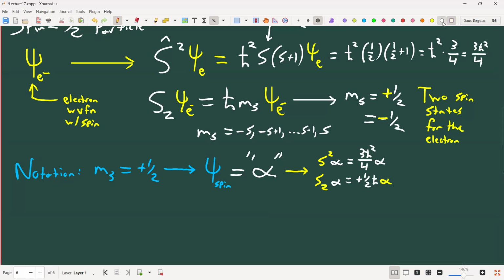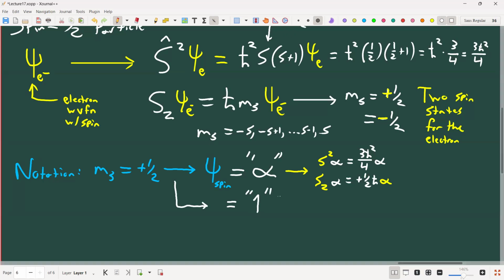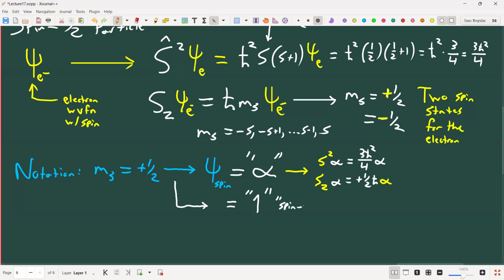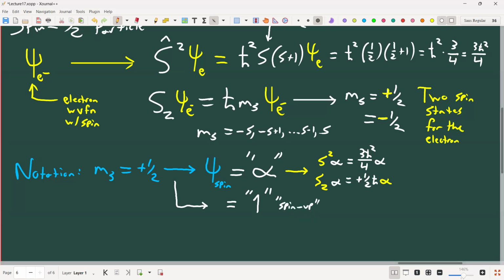That's what we call alpha. There's what you guys have called it over the years. You usually give it a symbol. We often call it sometimes up arrow, spin up. So an electron is called spin up if it's in the plus 1/2 state. That's the convention.